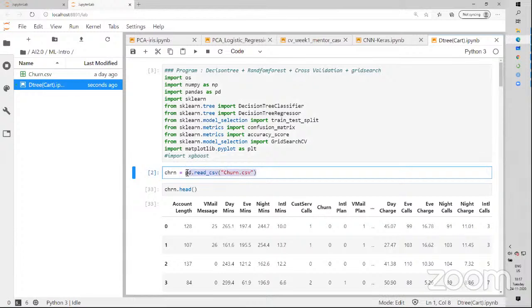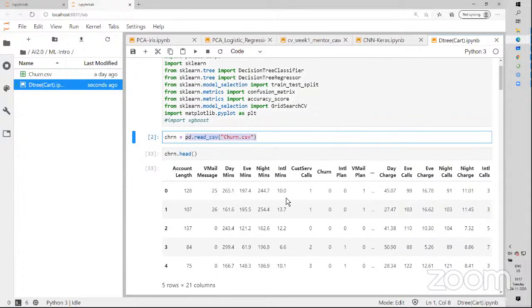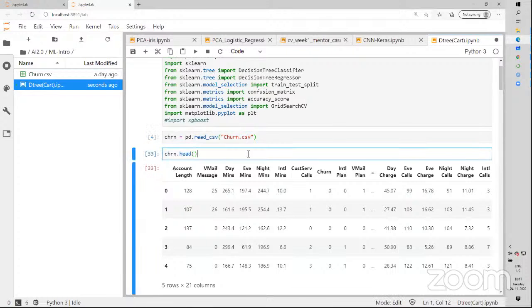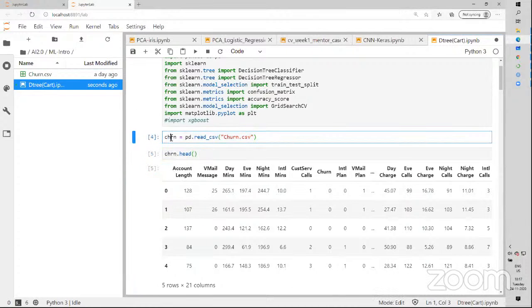Whenever we read such files, it creates a table-like structure, and we call that table-like structure a Pandas data frame. For data analysis in Python, Pandas is the most heavily used module, so you need to know what Pandas is and how it works. So we have created a table, which we call a Pandas data frame here.